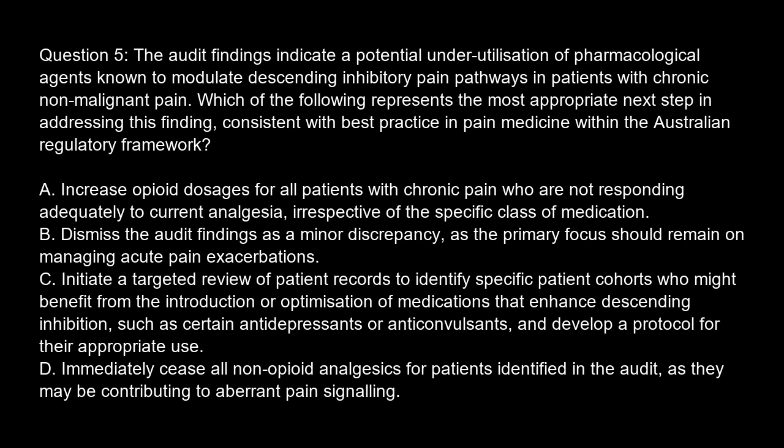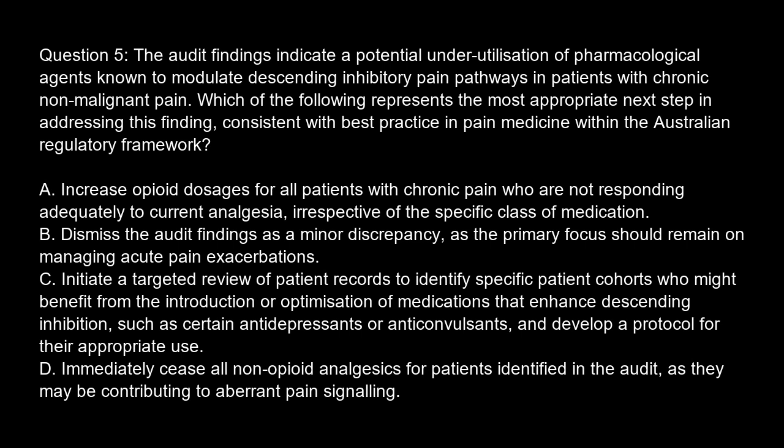Option A. Increase opioid dosages for all patients with chronic pain who are not responding adequately to current analgesia, irrespective of the specific class of medication. Option B. Dismiss the audit findings as a minor discrepancy, as the primary focus should remain on managing acute pain exacerbations.